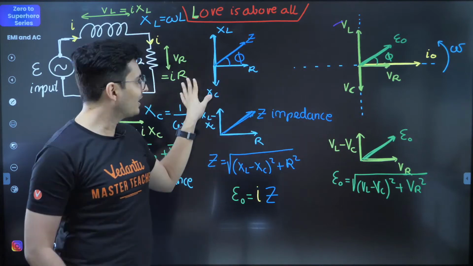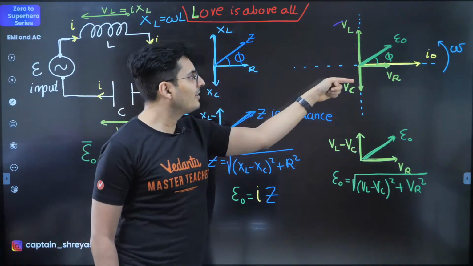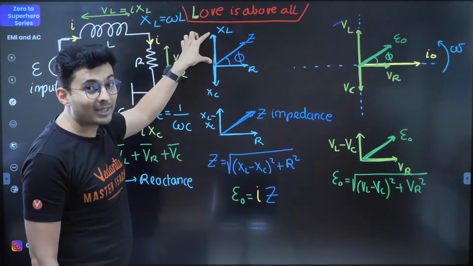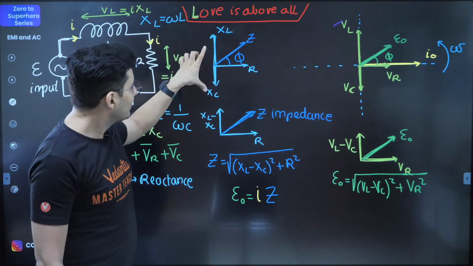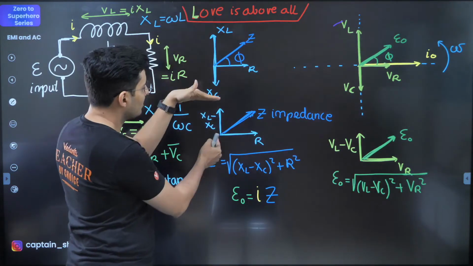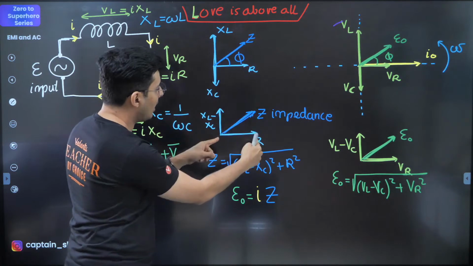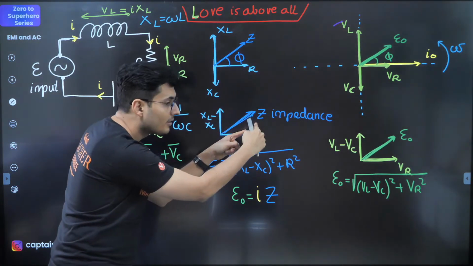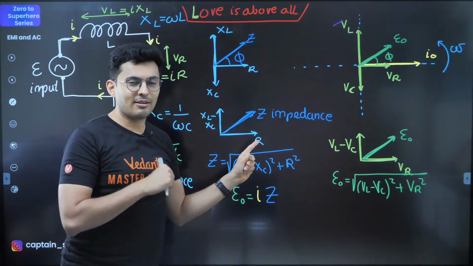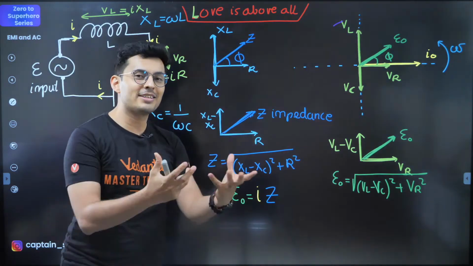It's the same thing, and you can add them vectorially. XL minus XC will be taken care of here because these two are in line, so this net will be XL minus XC. R comes here. The resultant, I can't call it resistance, I can't call it reactance, so I define a new term called impedance.